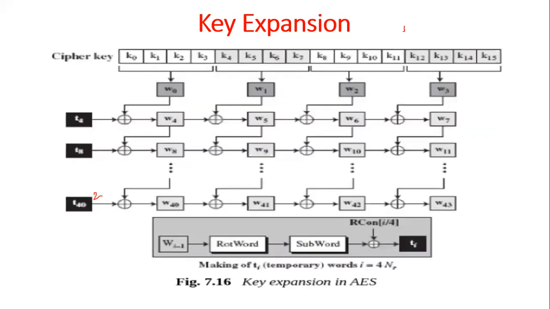This is the process to expand the key, from K0 to K3: W0 is of 32 bits, then 32 bits of W1, 32 bits of W2, 32 bits of W3. And these are the operations performed for generating the further keys. Further words, and these words are used for keys.